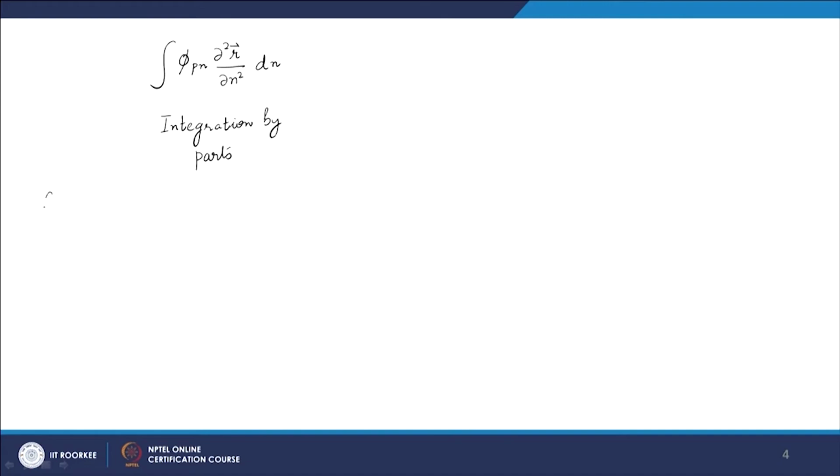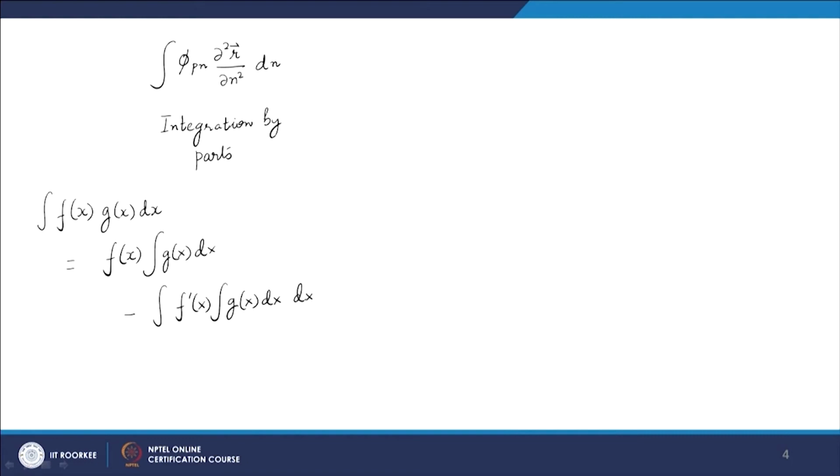and the rule is, if we have a product of two functions integrated over the variable x, this is equal to f of x times the integral of g of x dx, minus the integral of f prime of x times the integral of g of x dx.